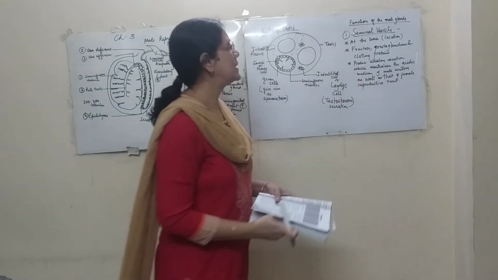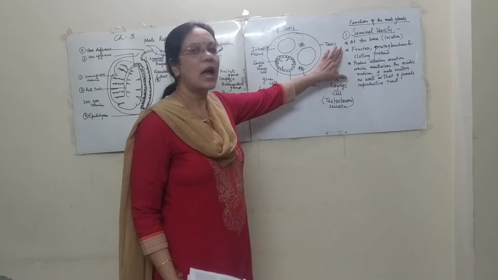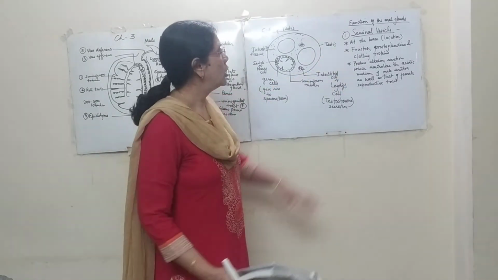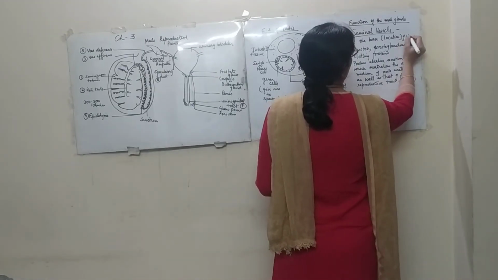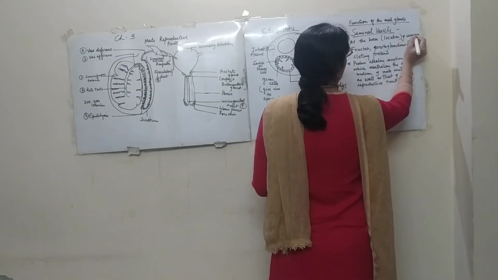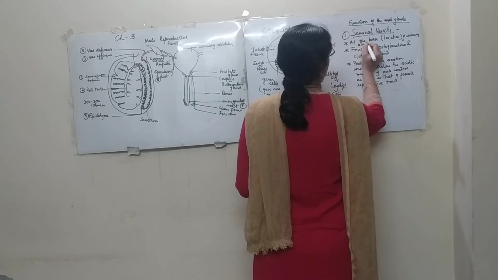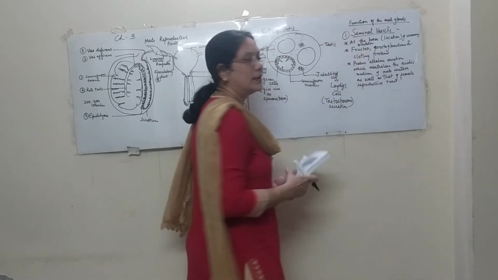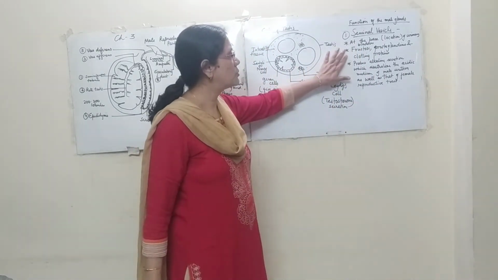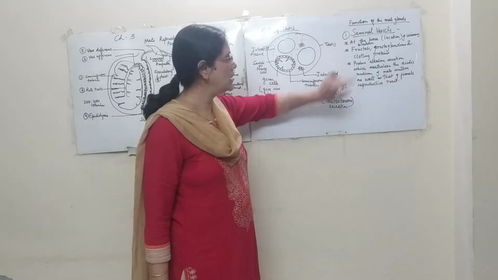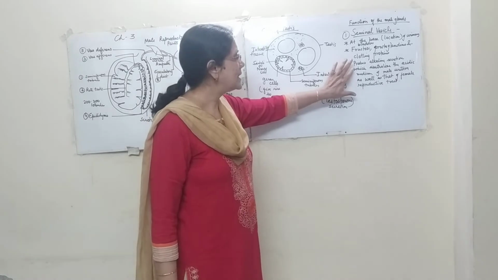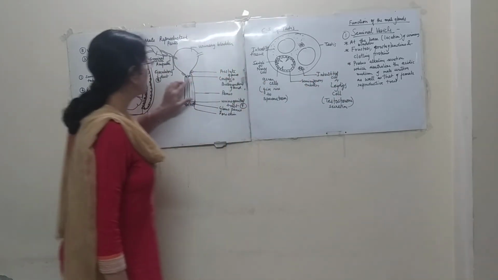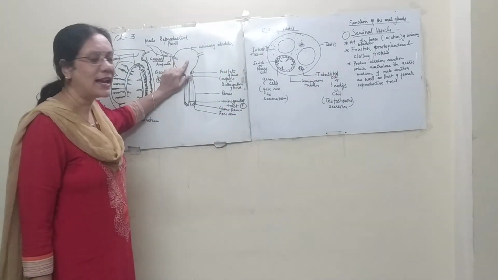So what happens? The seminal vesicle, which is situated at the base of the urinary bladder, is made up of fructose, prostaglandins and clotting proteins. It produces an alkaline secretion. Why is this alkaline secretion necessary? Because we know urine is highly acidic.